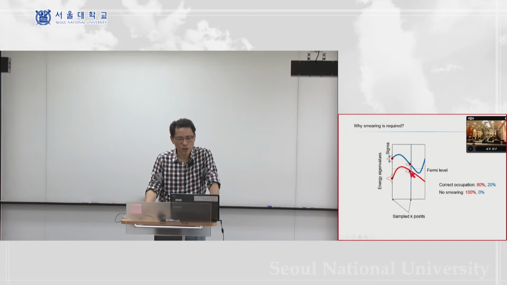All right, so without any smearing, if you just take these 4 points literally, then with this Fermi level, the occupation of these 2 points is 100% and this one is completely empty. That means you are occupying the lower band 100% and the higher band 0%.